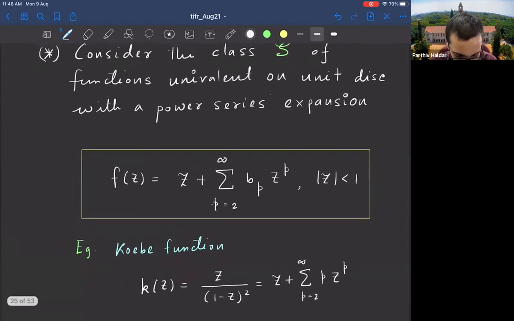One prime example of this kind of function is what is called the Koebe function, which has the form k(z) equal to z over (1 minus z) whole squared. It has a very simple Taylor expansion where each coefficient b_p is exactly equal to p.